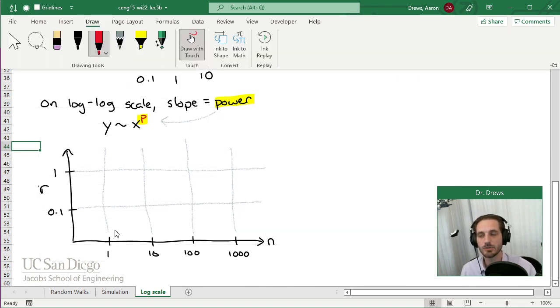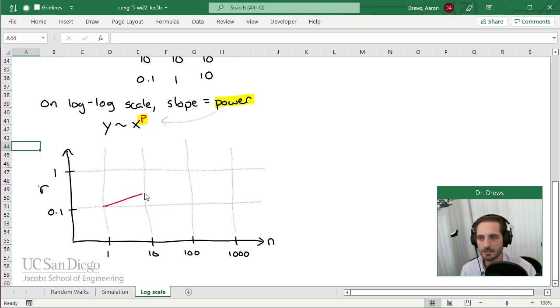So, for example, if you collect all of those r values, what you may see is that it looks like this. It might look like a slope of this style. If that were the case, then this is saying y scales as x to that slope. Or it may look like a straight line that looks like this, and what this is saying is that y is scaling as x, but raised to a different slope.